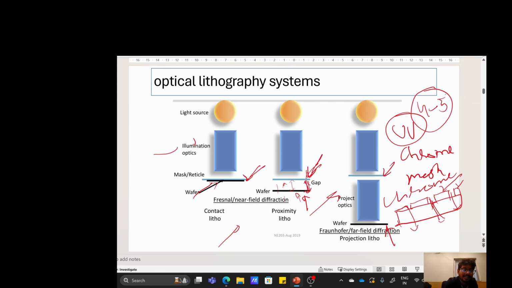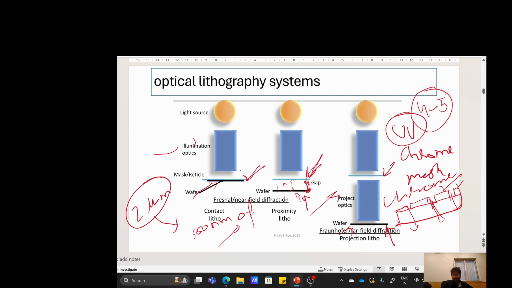Let us say you have 2 micrometer feature size in the mask, then you can transfer 500 nanometer feature size to this substrate. That is the beauty of this projection lithography, with the projection optics, that is kind of very typical.